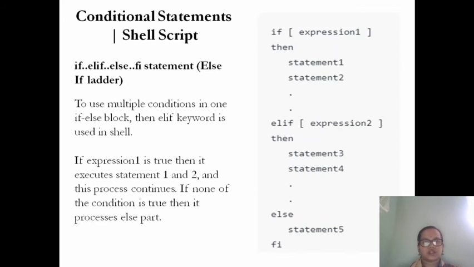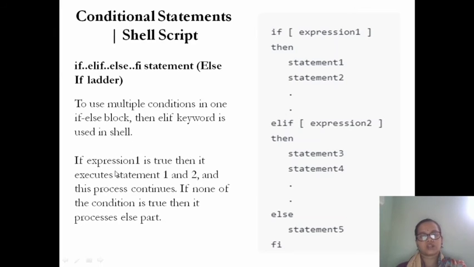So conditional statements. Here you can see it is the if, elif, else statement. It's just like the else if ladder in your C programming language. To use multiple conditions in one if else block, the elif keyword is used in shell.